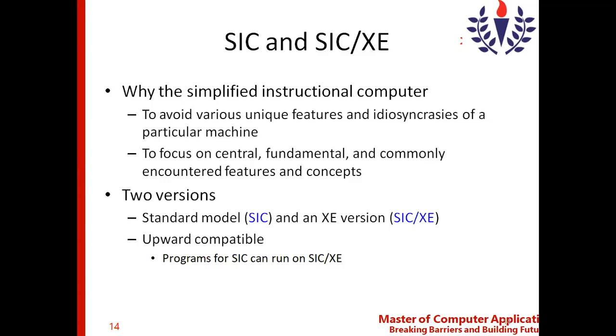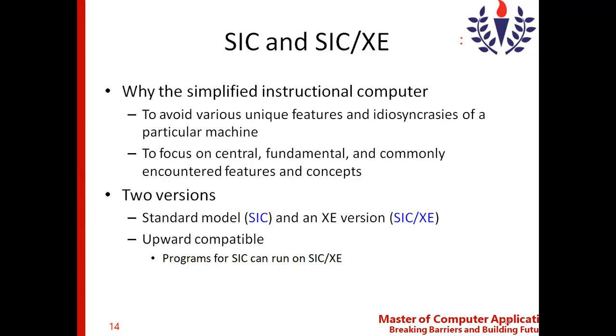In order to avoid the unique features, since each and every machine has its own behavior and characteristics, and to focus on the common, fundamental, central features, that's where we choose the simplified instructional computer. So we have two versions, the standard model and the XE version. XE is nothing but extra equipment, or we can say extra expensive.